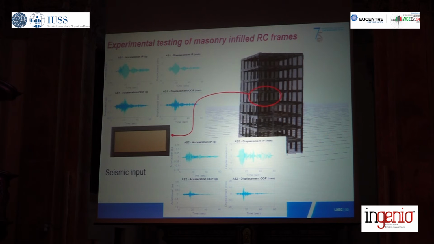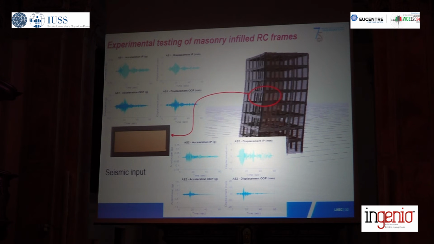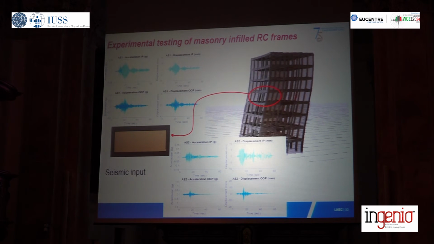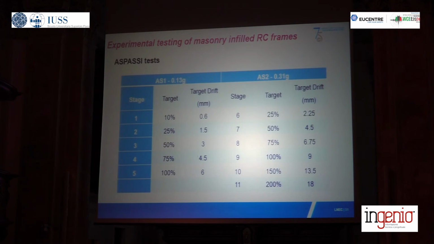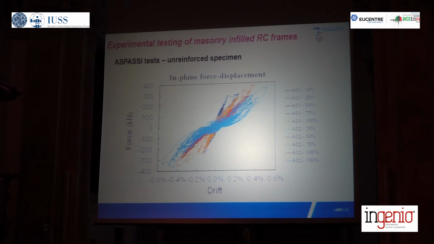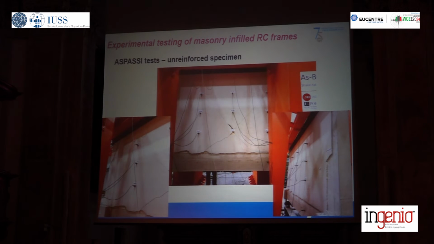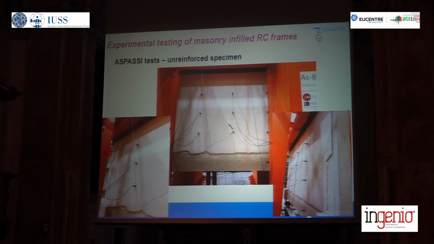So again, the seismic input is coming out of a numerical model. We have a number of different test stages, and the type of response that we get for the unreinforced specimen for the different test stages is like this in terms of the in-plane response, so a significant degradation of the in-plane stiffness and also a little bit of the capacity.